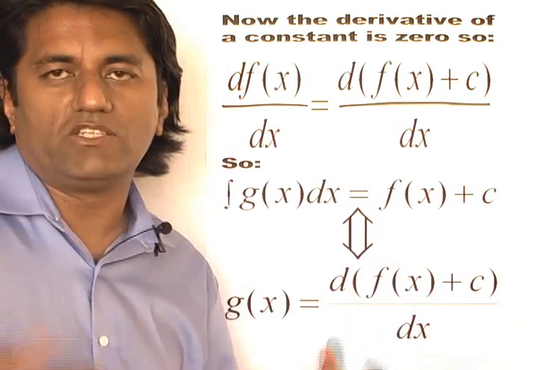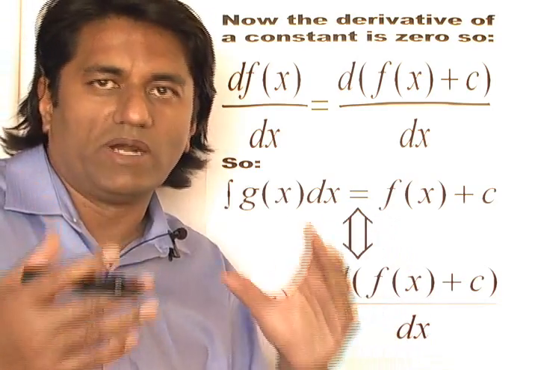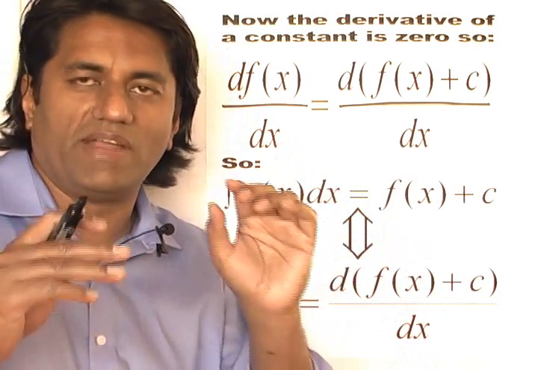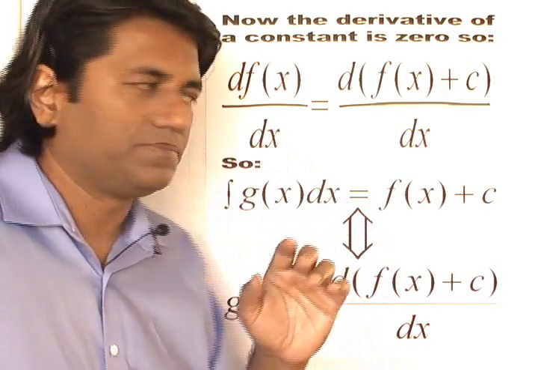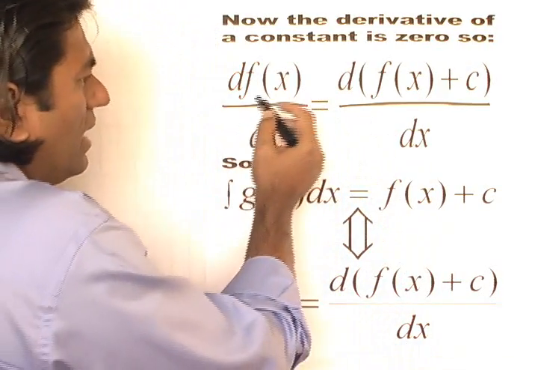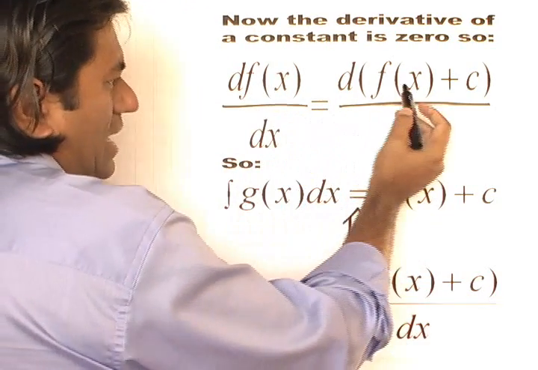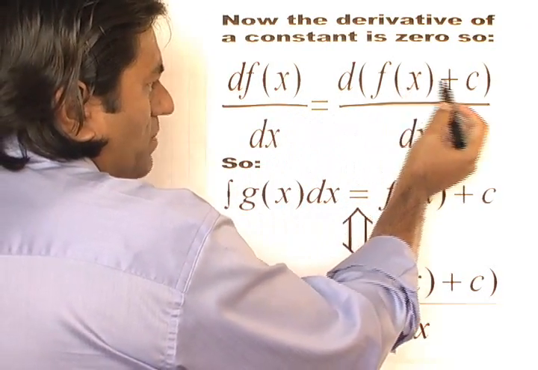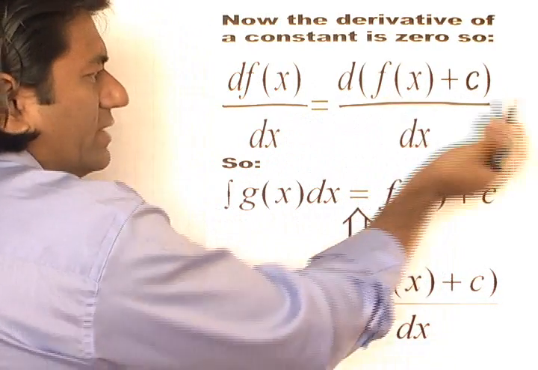What is the rate of change of a constant with time or anything else? Well, the word constant means no change, so the rate of change of a constant is 0. Derivative of a constant is therefore 0. So the derivative of f(x) is the same as the derivative of f(x) plus a constant, because the derivative of a constant is always 0.